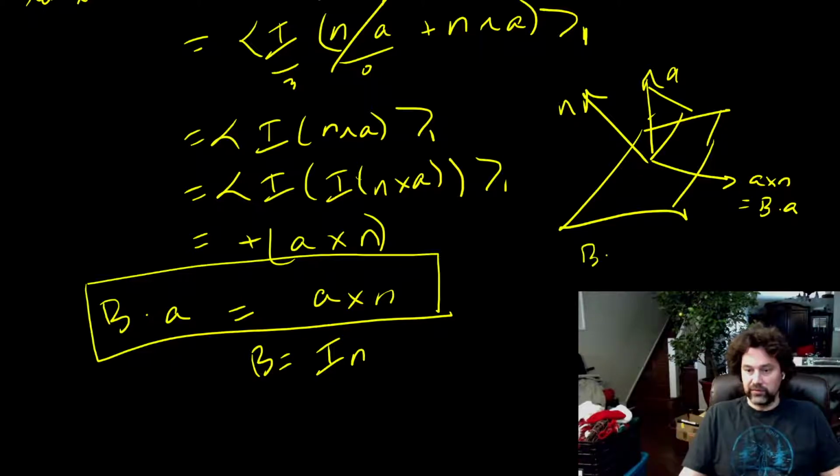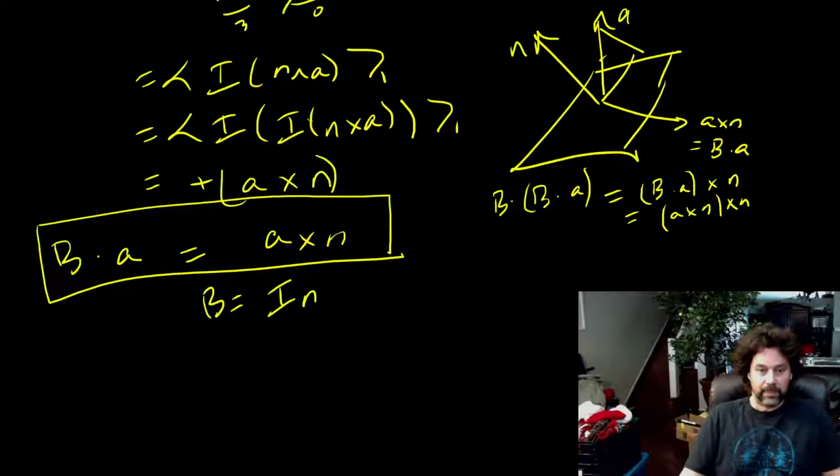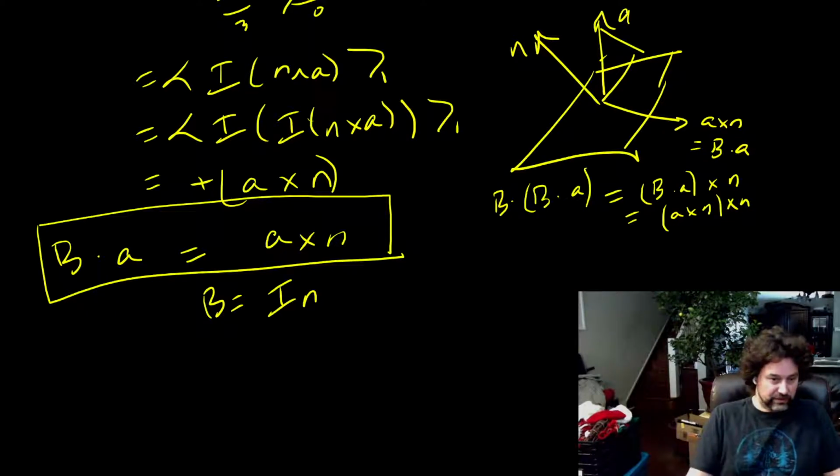So we would find that b dot a is going to be b dot a cross n, which is a cross n cross n. So we have two equivalent ways of writing the product, the factors.